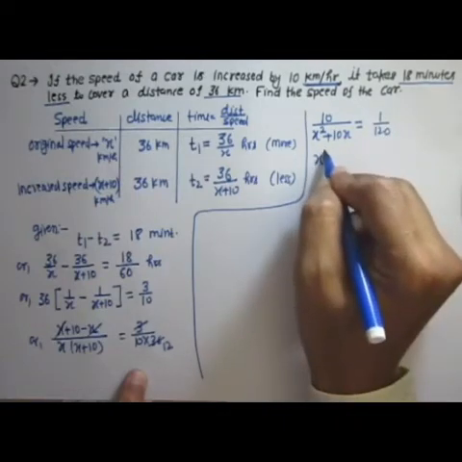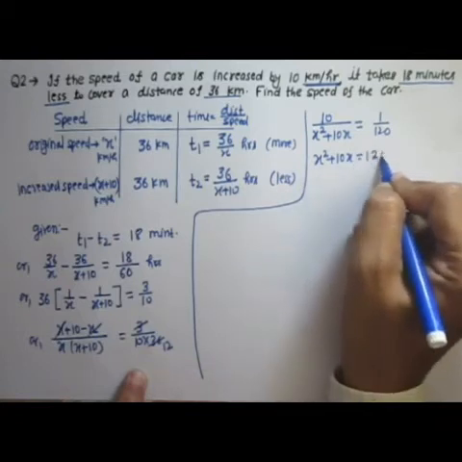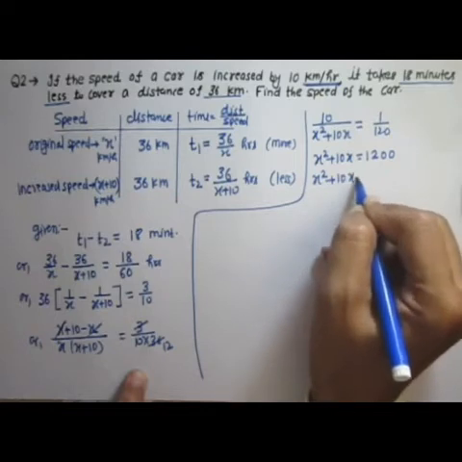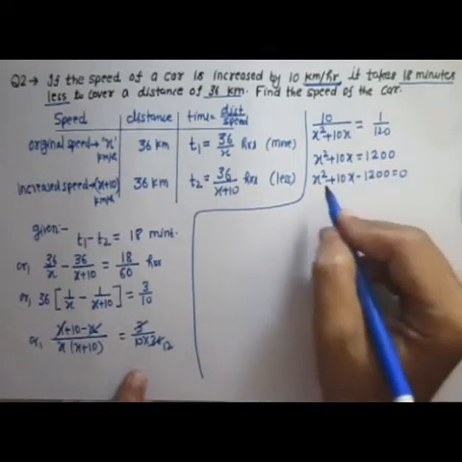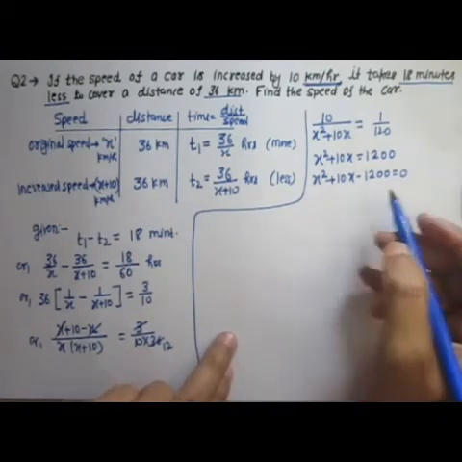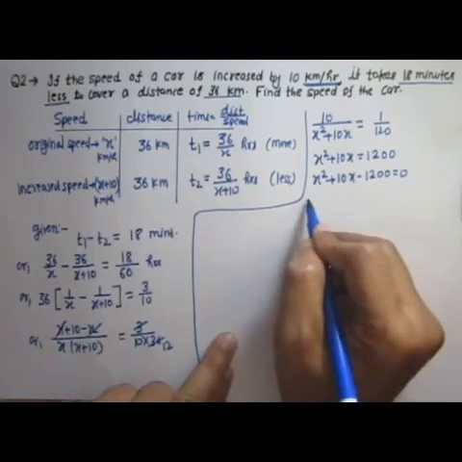So we will get x square plus 10x is equal to 1200. So x square plus 10x minus 1200 is equal to 0. Now we have got the quadratic equation. After this you can solve the equation. Clear? So I am solving it just for your help.